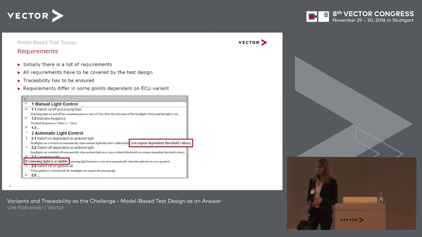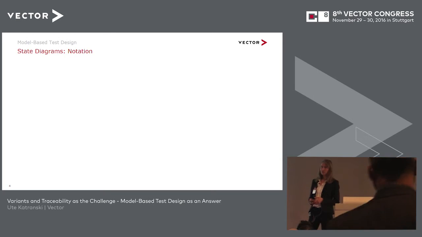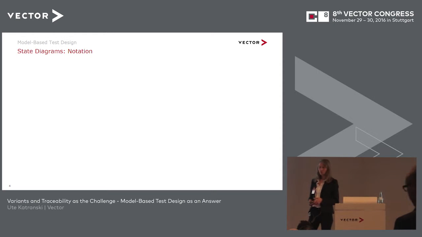So what would be an approach to setting up the testing? Of course, light control. Usually you have just two states that need to be described, or my light is described. It's two states, on or off. So I could say, okay, let's use state diagrams in order to design my test cases.